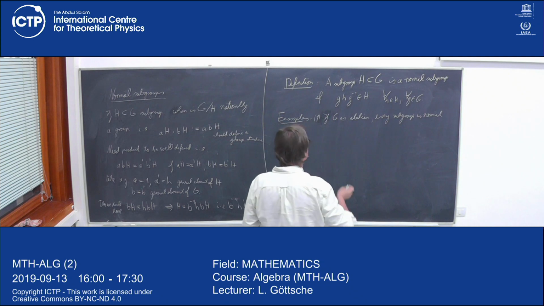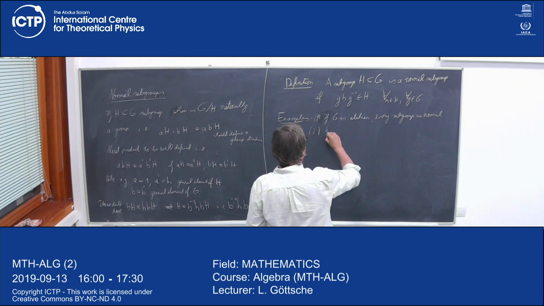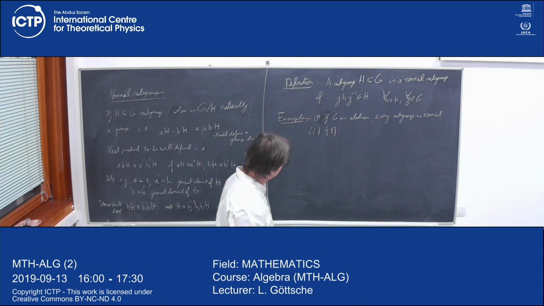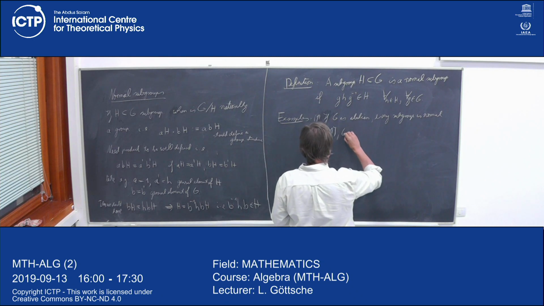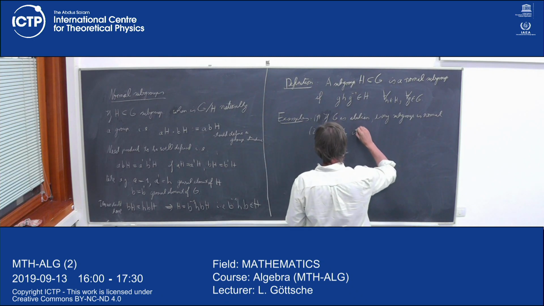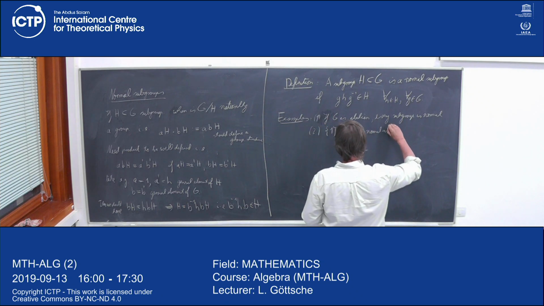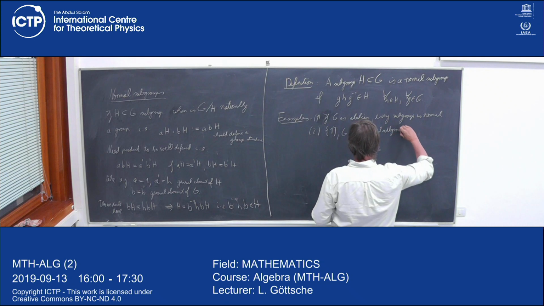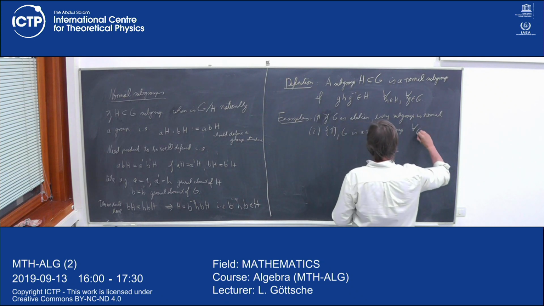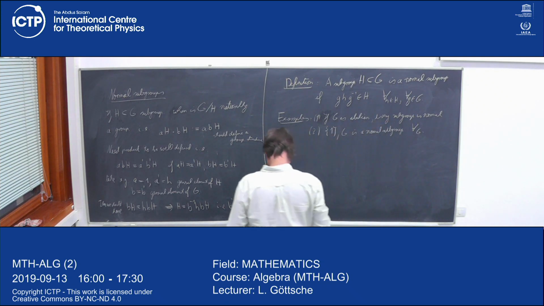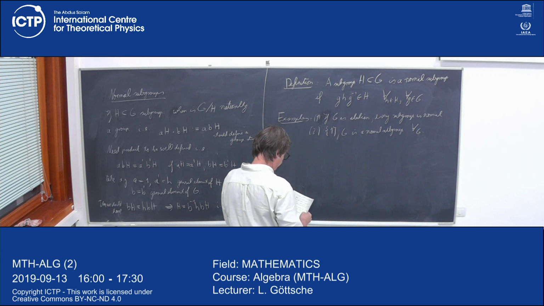Then the trivial group just consisting of 1, and the whole of the group, are normal subgroups for any G.